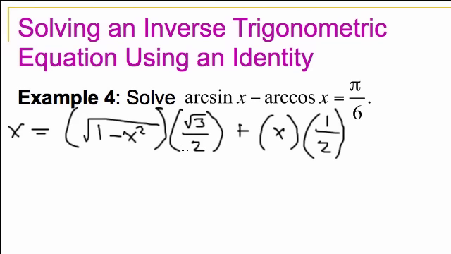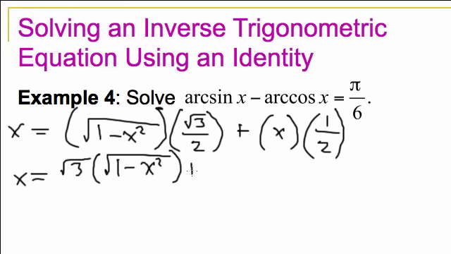So at this point, we are going to solve for x. We're going to do some algebra here. Let's simplify. x is equal to, if we distribute here, we're going to have root 3 times the square root of 1 minus x squared plus x, all over 2.